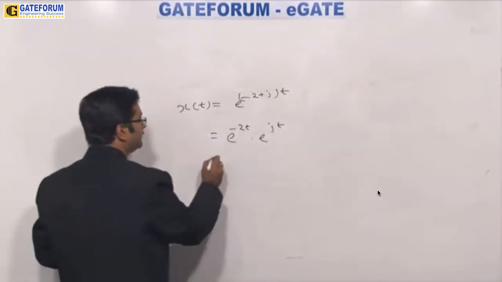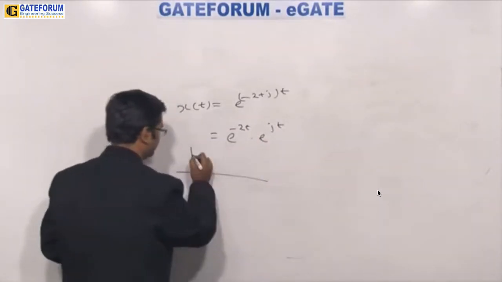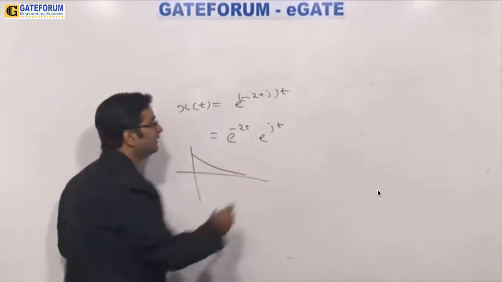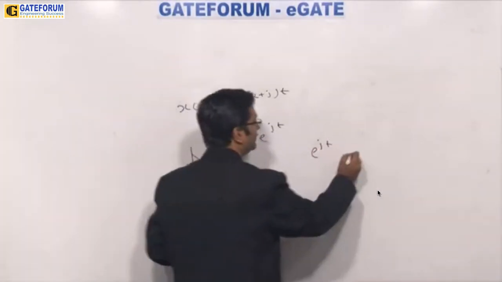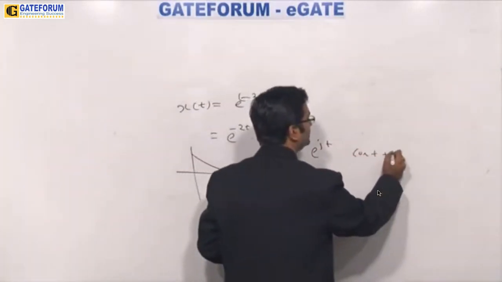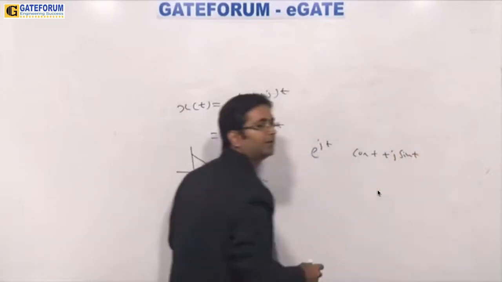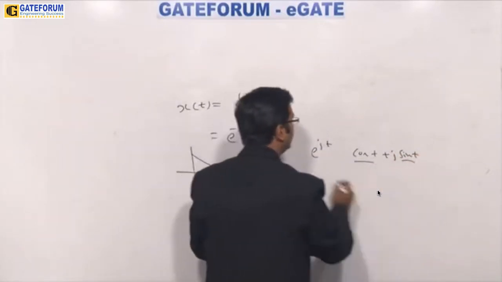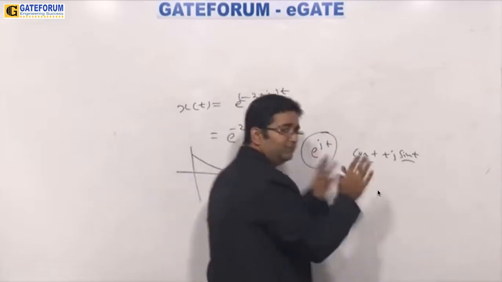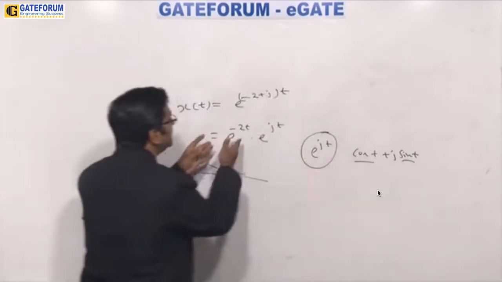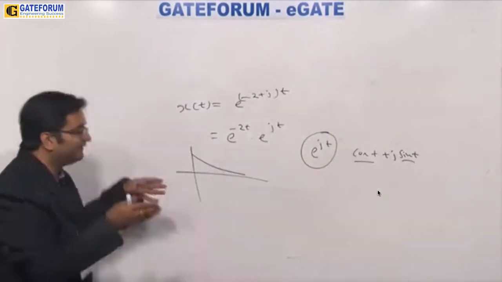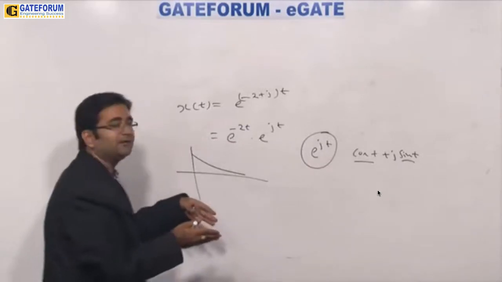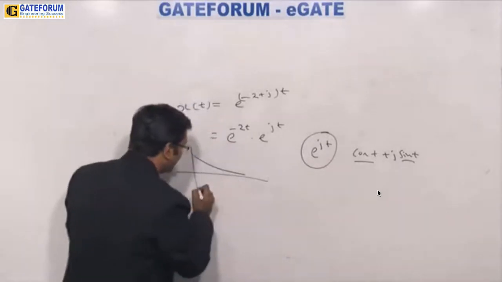Now e to the power minus 2t has got this nature, and e to the power jt has got cos t plus j sin t. If I take only cos t or sin t alone, it is periodic. But this function is multiplied with e to the power minus 2t. That makes the actual signal taper like this.